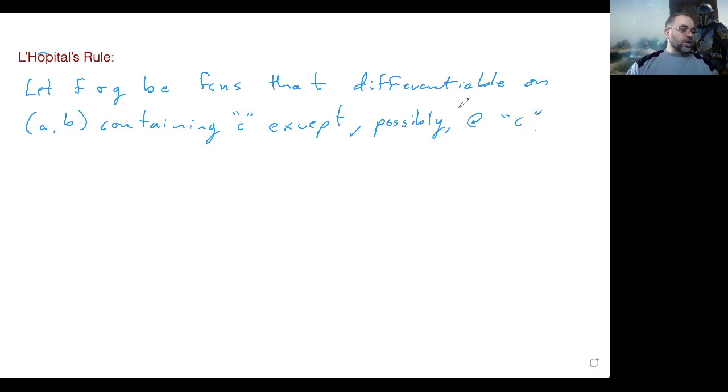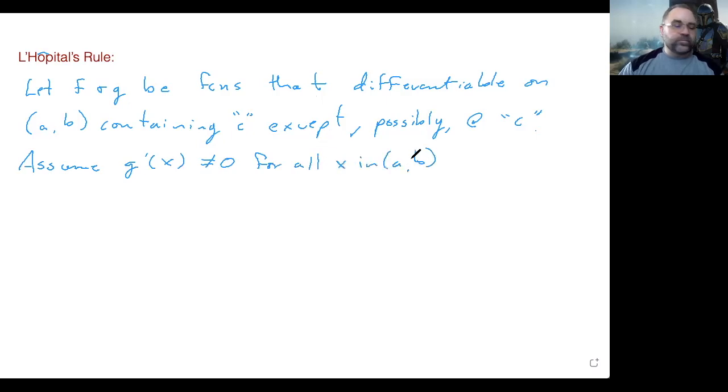So it's differentiable everywhere except maybe at c. Then we have another assumption here. Assume g prime of x is not equal to 0 for all x in the interval (a, b).